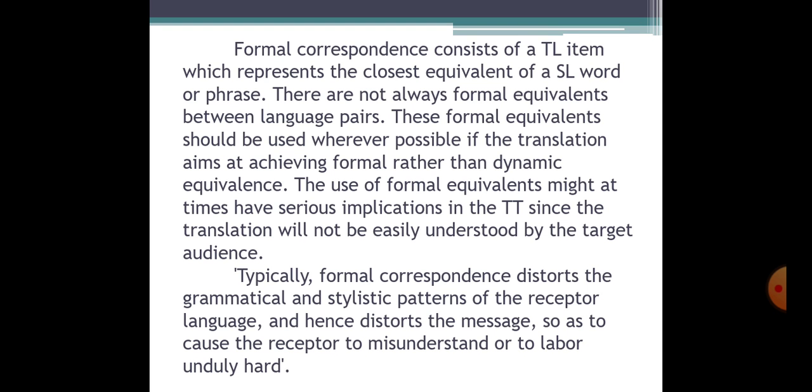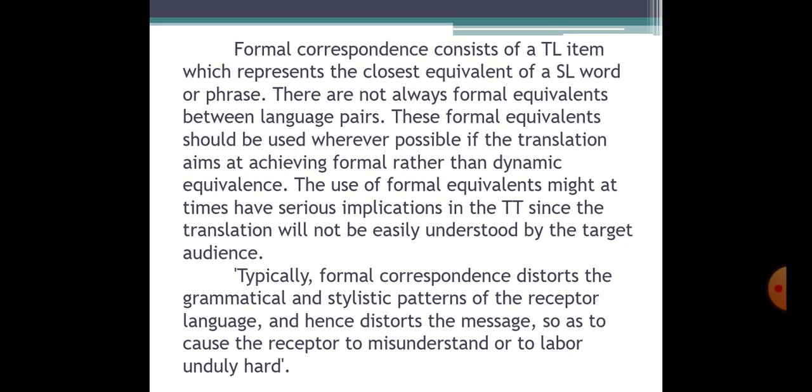Formal correspondence consists of a target language item which represents the closest equivalent of a source language word or phrase. There are not always formal equivalents between language pairs. These formal equivalents should be used wherever possible if the translation aims at achieving formal rather than dynamic equivalence.